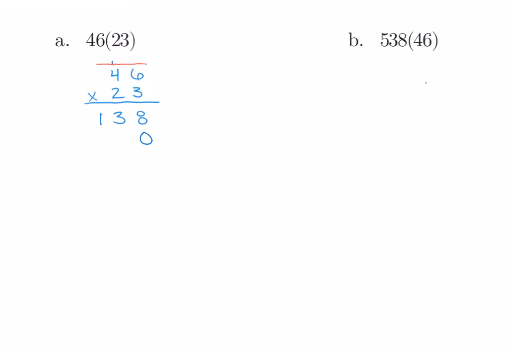As I said, 2 times 6 is 12. I'm going to put the 2 of my answer under the digit that I'm working with. We said it was 12, so I want to carry my 1. 2 times 4 is 8, plus 1 is 9.